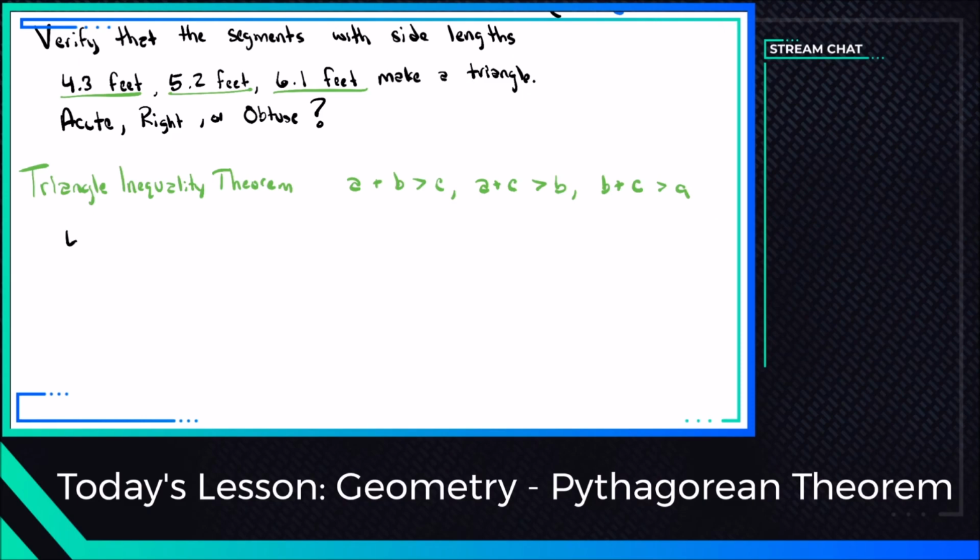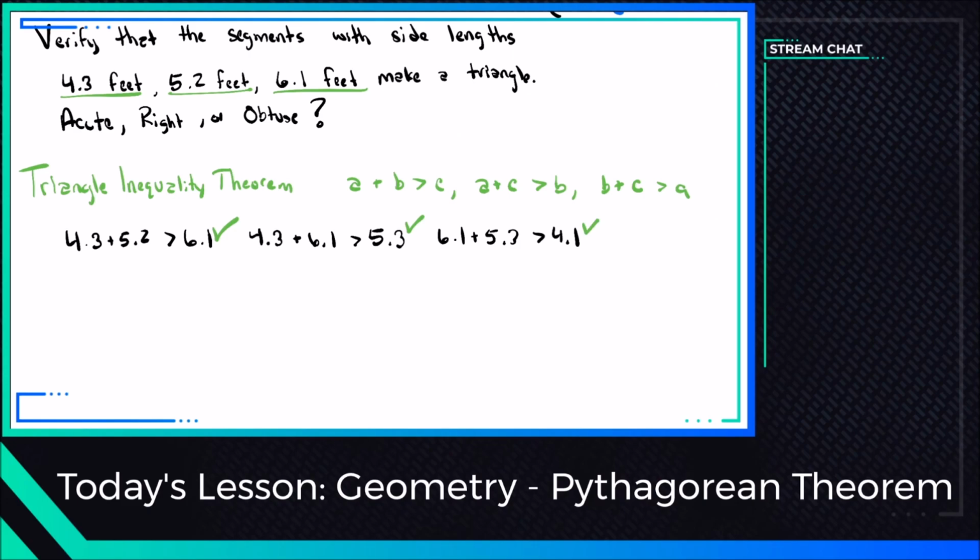So 4.3 plus 5.2, yes, that's going to be greater than 6.1. And then 4.3 plus 6.1, obviously that's going to be bigger than 5.2. And then finally, 6.1 plus 5.2 must be greater than 4.3. So each one of these works out. Yes, that's true. Yes, that's true. Yes, that's true.